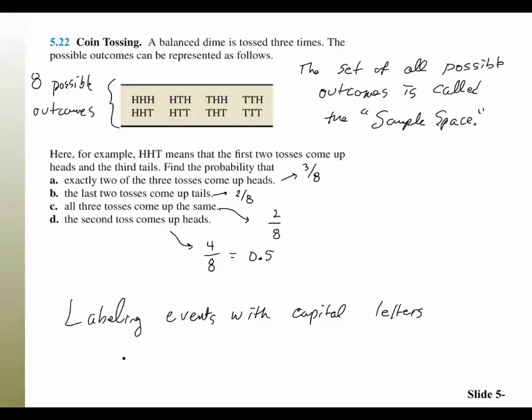So like we could say A is the event, A equals the first flip is tails.